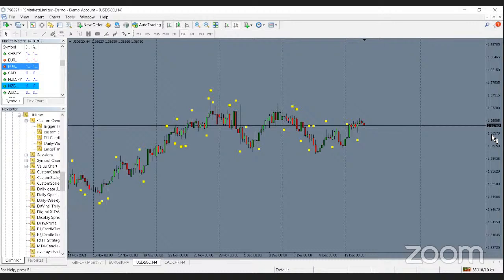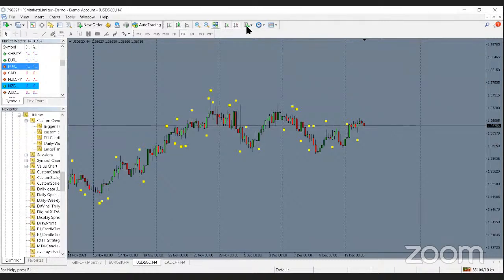I want to show you my philosophy of playing with indicators: that the same indicator, if you designate it in different roles, can have different effects and can give you pretty good results altogether.